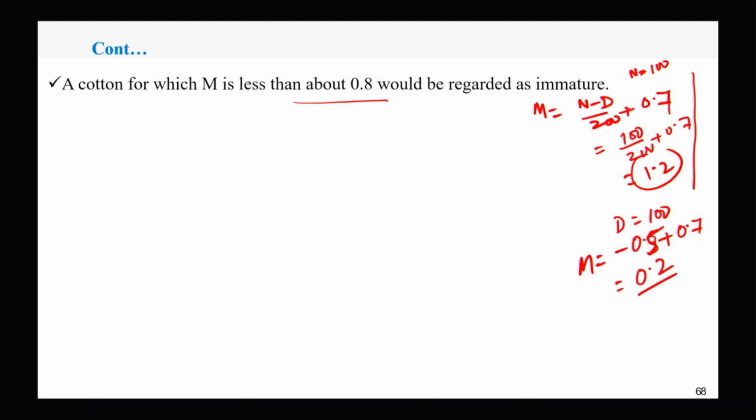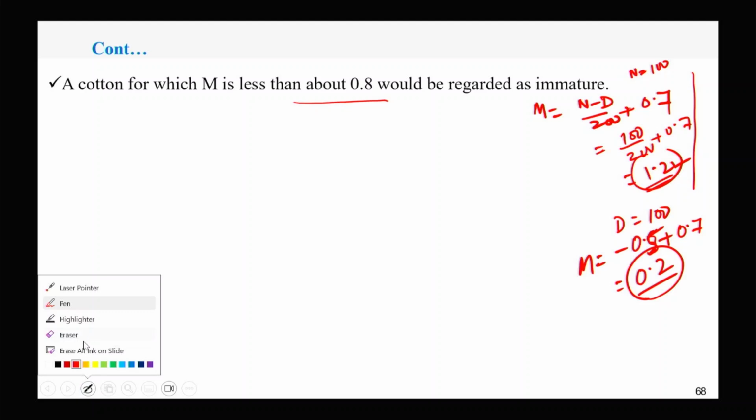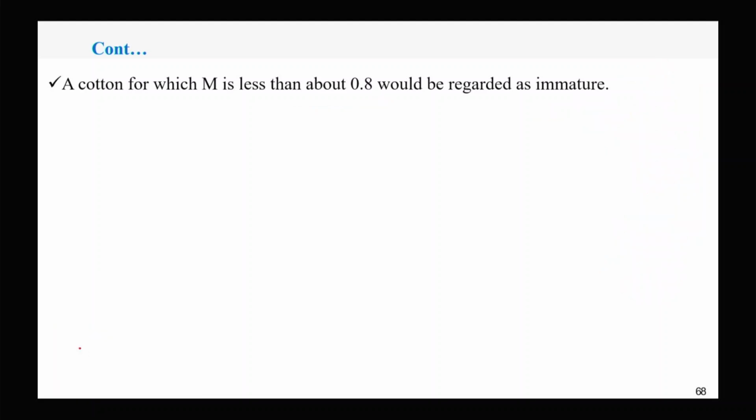That means the theoretical range runs from all dead fibers, where maturity ratio is 0.2, to all mature fibers, where it will become 1.2. So the maximum possible maturity ratio could be 1.2, where all the fibers are mature.